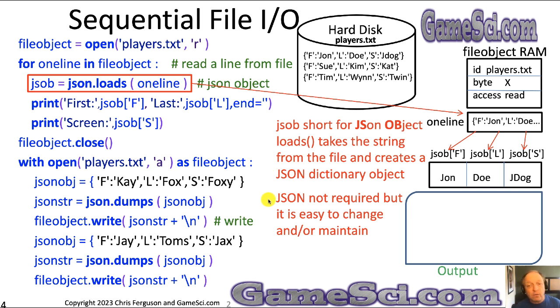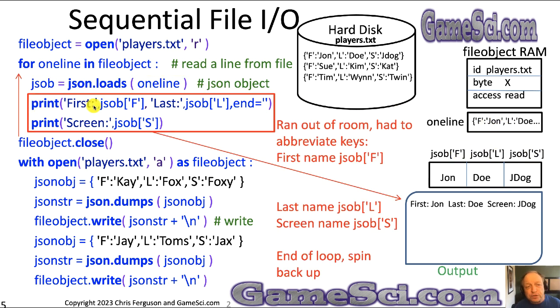JSON is not required, but it's easy to change or maintain data that's stored in JSON format. We talked about this on the last slide, right? There are different ways to update the data, and I find JSON/dictionary objects to be a very easy way to update data in a file. So we took the data that we read from the file and we built a JSON object out of it.